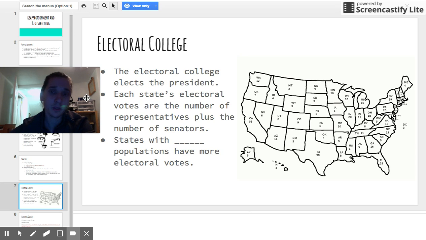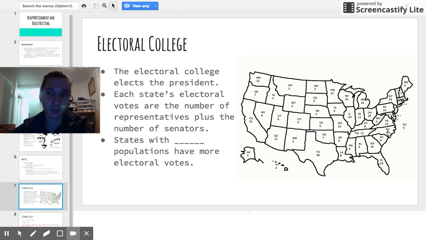For example, California, which is the biggest state in terms of population, has the most representatives and the most electoral votes. California has 55 electoral votes, which is the most of any state. Texas has 38, Florida 29, New York 29, Illinois and Pennsylvania 20.